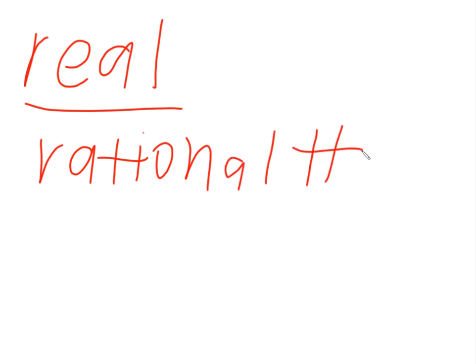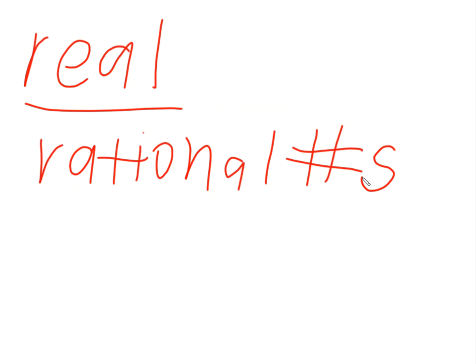So in real numbers, we have something called rational numbers. To be quite frank, they're just numbers that make sense, and that's what rational means. Another direct definition is any number that can be written as a ratio of two integers.